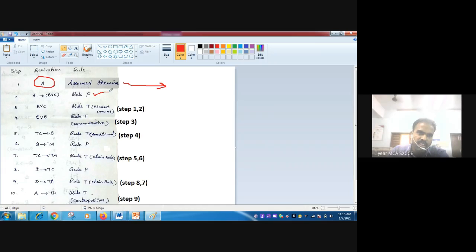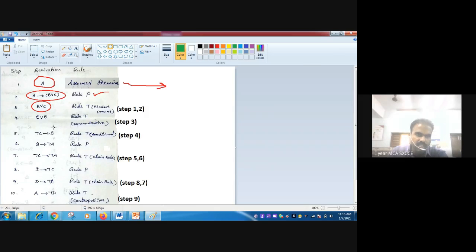What is rule P? The given conditions, the given premises or given propositions are called rule P. So whenever you are using rule P, the meaning is it is the given premise. And rule T we are using here. Rule T, modus ponens, combining step 1 and 2 by applying modus ponens, we have A, A goes to B cup C. So we are able to get B cup C. Understand?